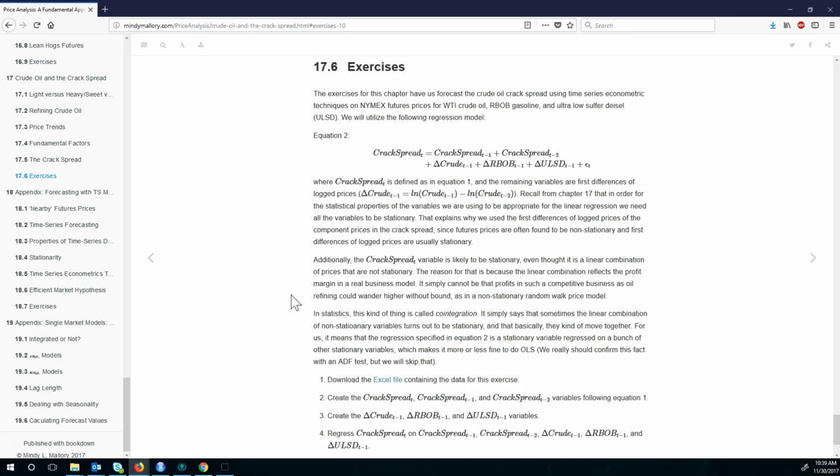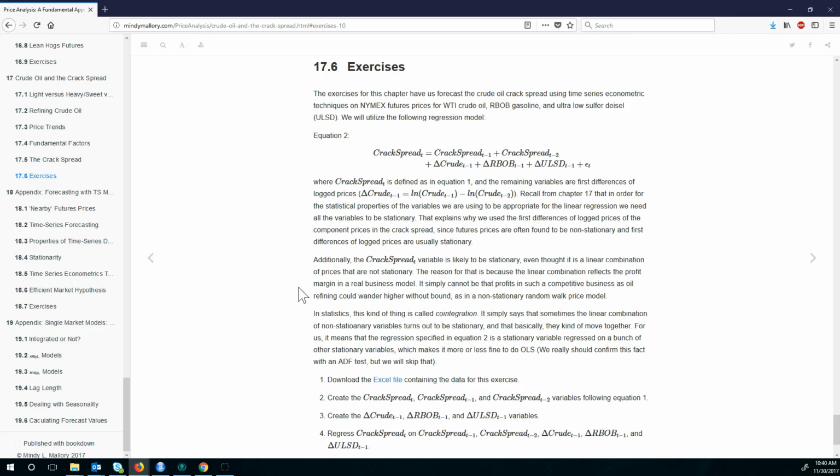The other reason I have confidence in that is if you think about what the crack spread is, it's literally the profitability of refining in the U.S., roughly speaking. It's sort of a gross profit margin for refining crude oil into gasoline and diesel fuel.